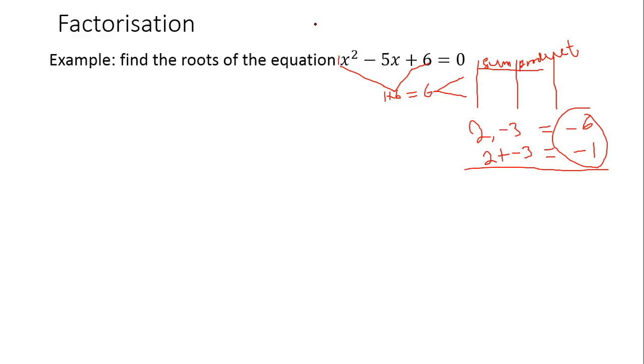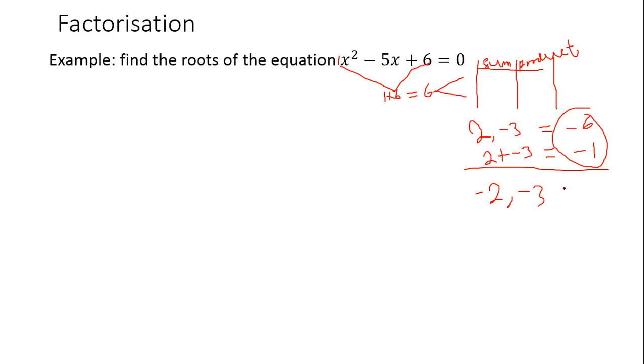When we multiply them, they give us 6. No. Okay, there are these first ones you gave, only that it should be -2 and -3.